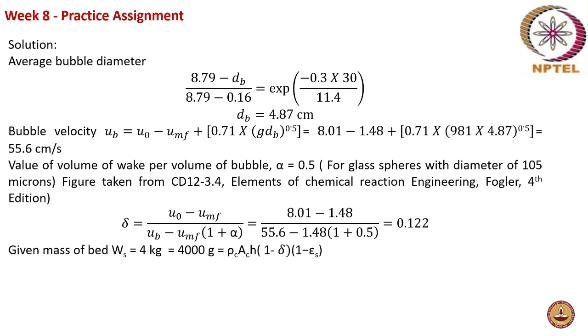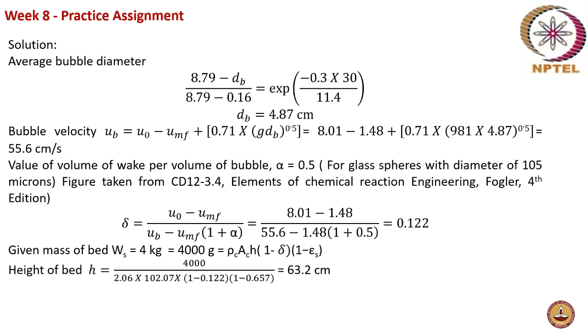Okay, so they have already given the mass of the bed to be 4 kg, which is nothing but 4000 grams, which is equal to rho c into Ac into H into (1 minus delta) into (1 minus epsilon s). Substituting all the parameters except for height, we find the expanded height of the bed to be 63.2 centimeter.